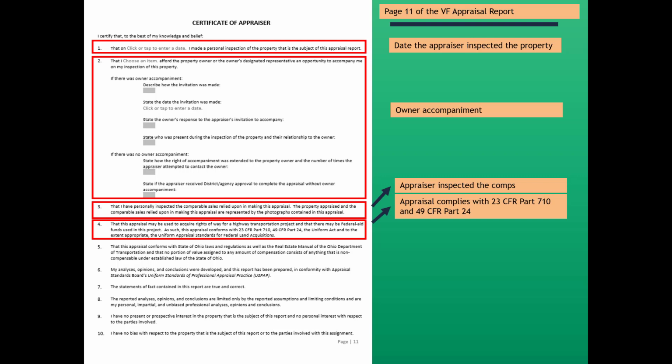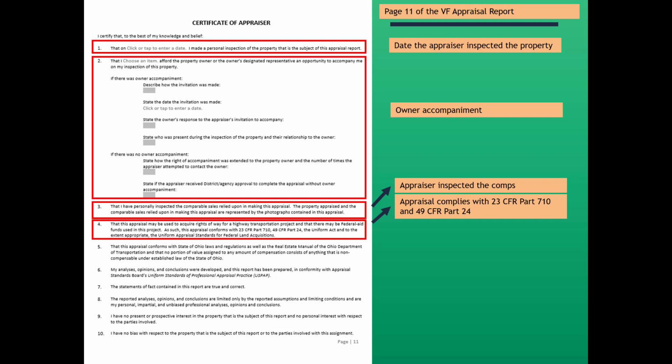Just a brief explanation on those regulations. Often, ODOT uses highway trust funds from the federal government in its projects. If there are any highway trust funds in any part of the project, the entire real estate acquisition process, including appraisals, has to comply with the federal regulations. 23 CFR governs FHWA, who's responsible for monitoring the highway trust funds.